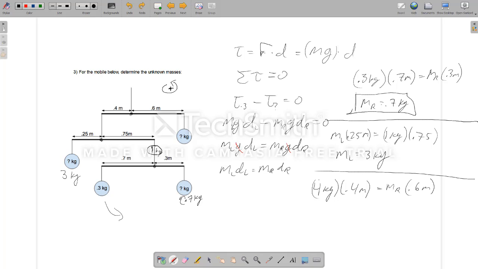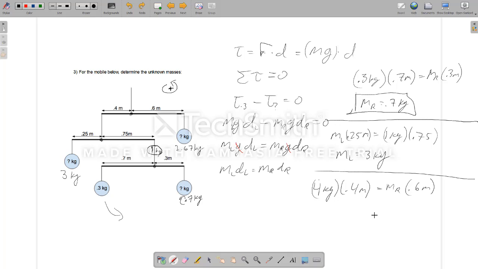And so we will multiply 4 times 0.4 and divide it by 0.6, which gives us the lovely, let me just make sure I'm doing this right. Yep, the lovely 2.67 kilograms. It couldn't all be nice.